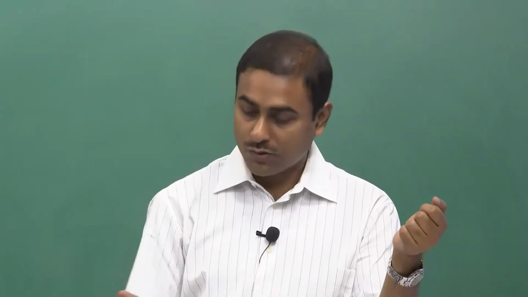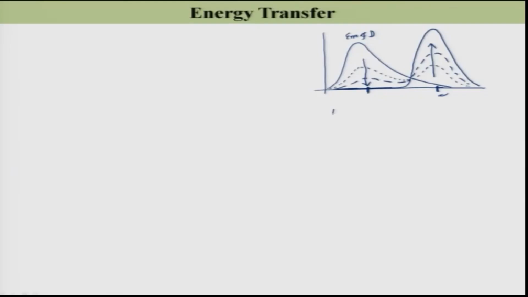This efficiency E is typically written as 1 minus I DA by ID. You see here, when IDA, the intensity of donor in presence of acceptor, is the same as ID, that means there is no change in the emission intensity.